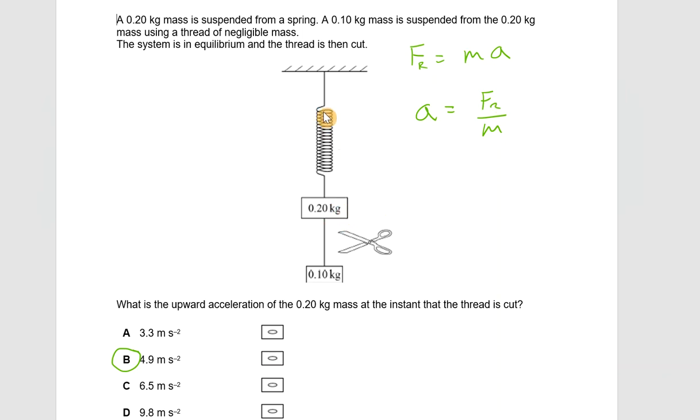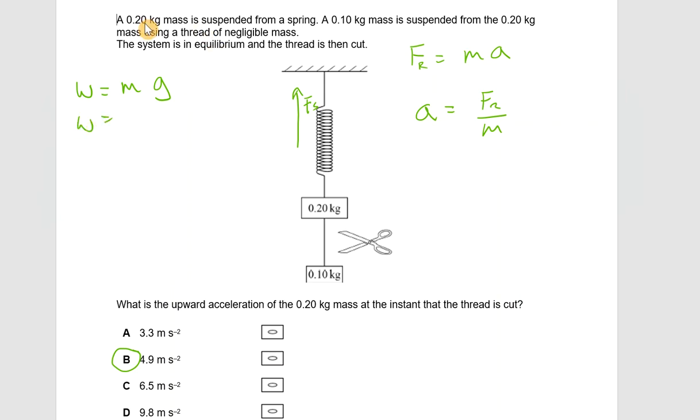So, first of all, we could find out before the string is cut, how much force is the spring producing? Well, it's in equilibrium, so the force produced by the spring must be equal to the total weight of the 0.2 and the 0.1 kilogram masses. So the total weight to start with, which is the force the spring has, is, we know weight is mass times gravitational field strength.